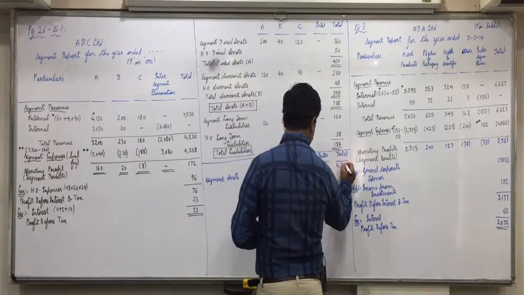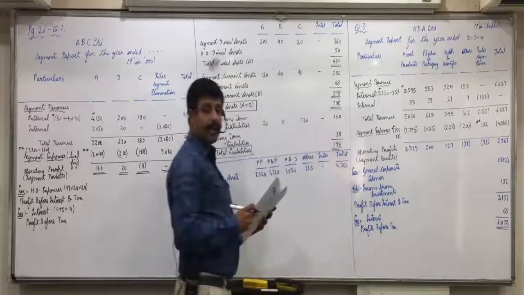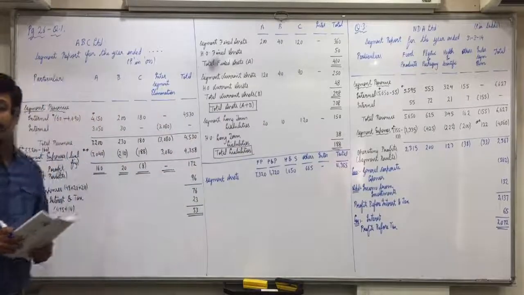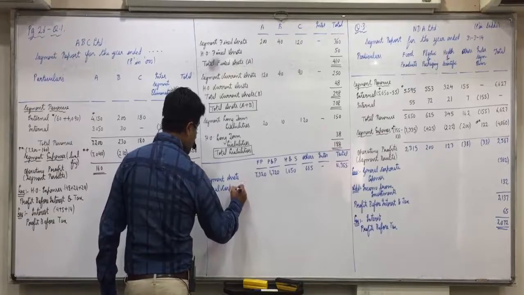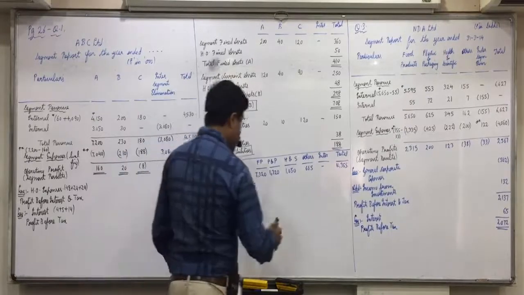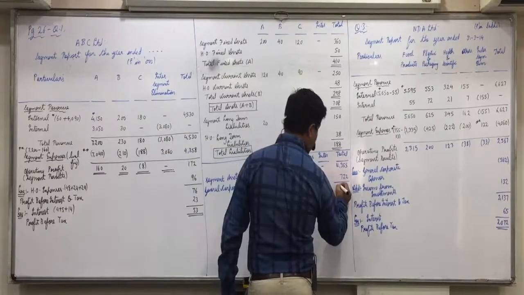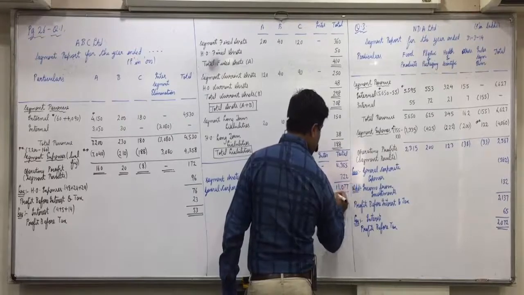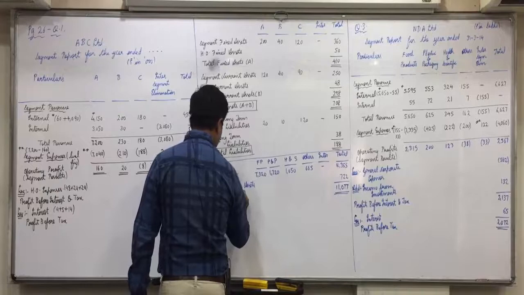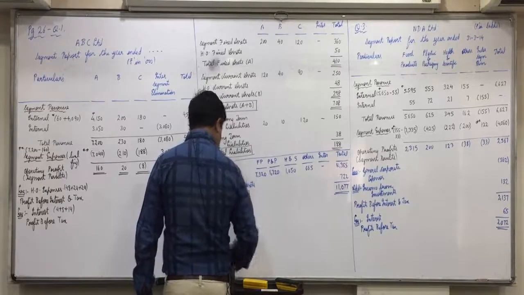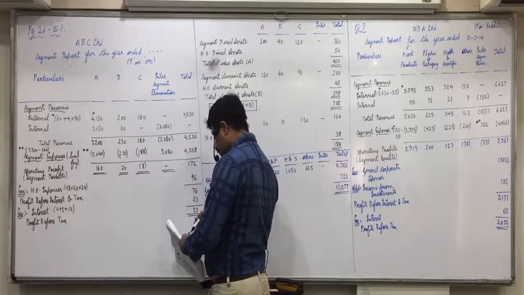And total 10355. Is everyone clear with this? Then head office assets, here it is again general corporate assets 722, and total 11077. That is total assets. Information on liabilities is not given. So is everyone clear how to make this financial report?